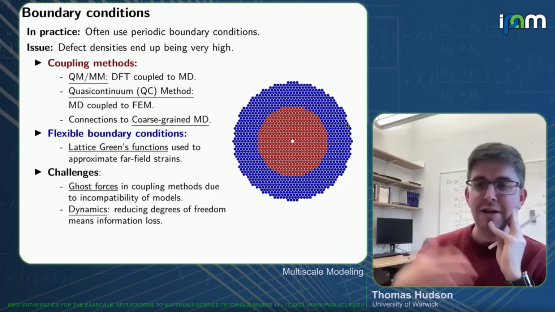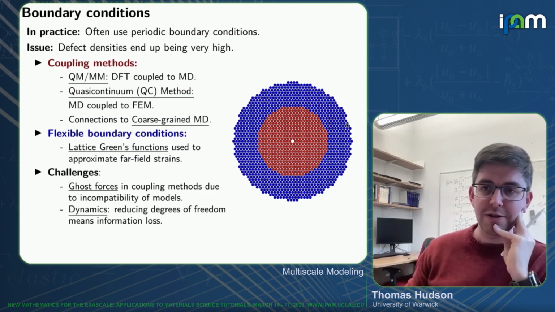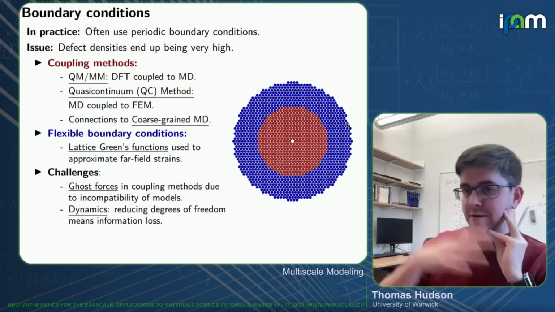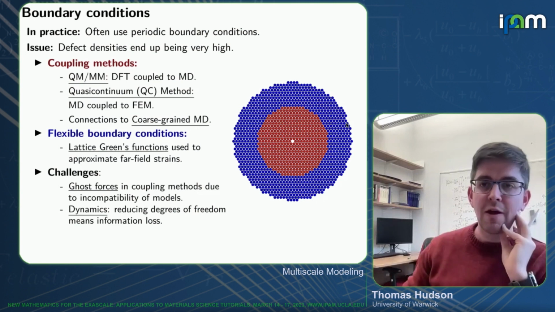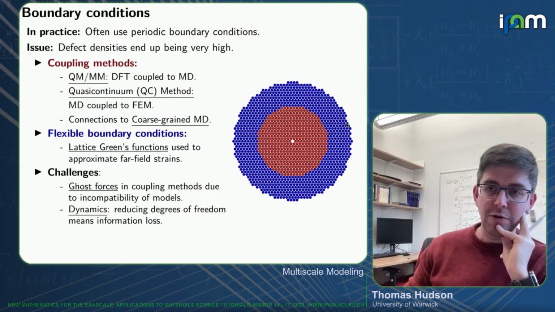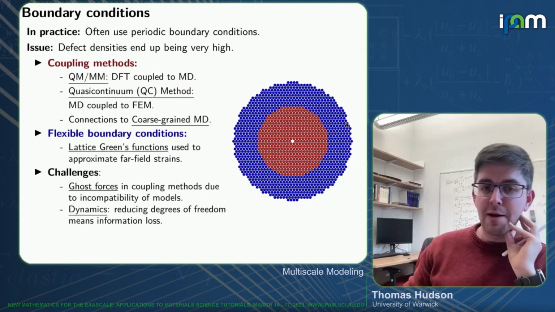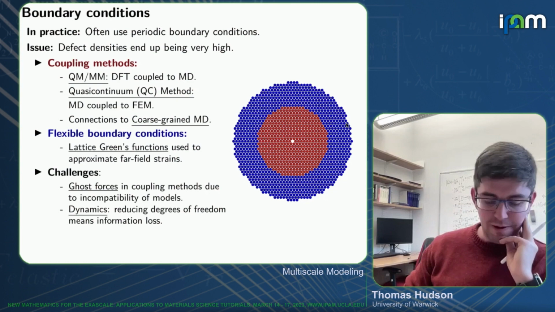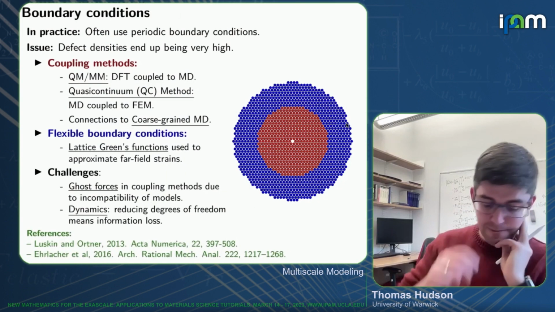The ghost forces have been addressed in lots of the work done by Mitch Luskin, Christoph Ortner, and the people they've worked with in this area, which has covered lots of different ways to deal with the ghost force problem. But I think the dynamics problem is still largely unsolved, let's say.